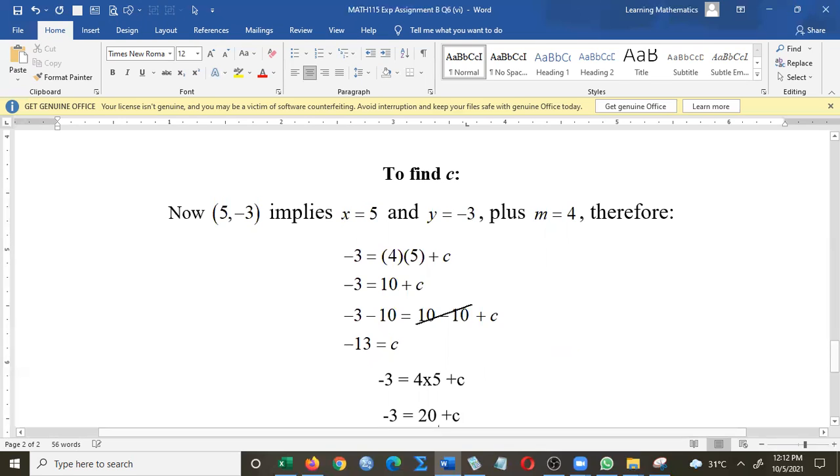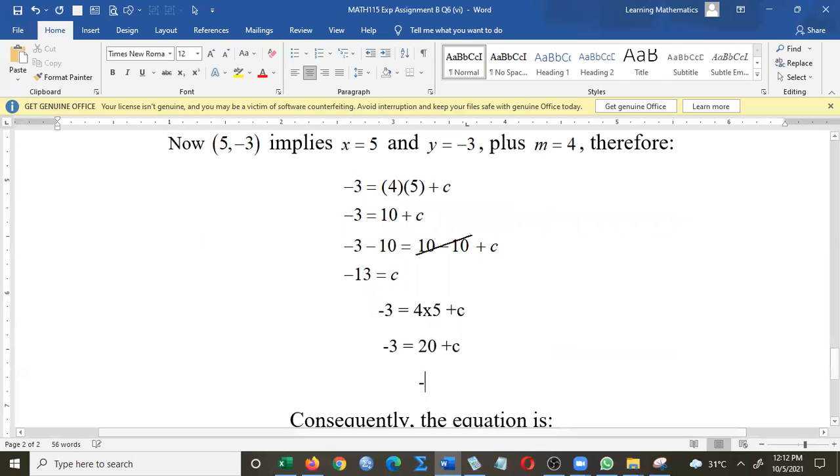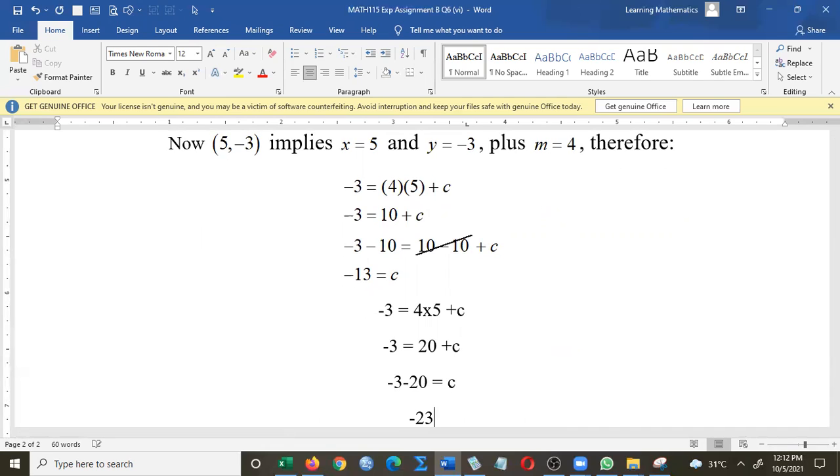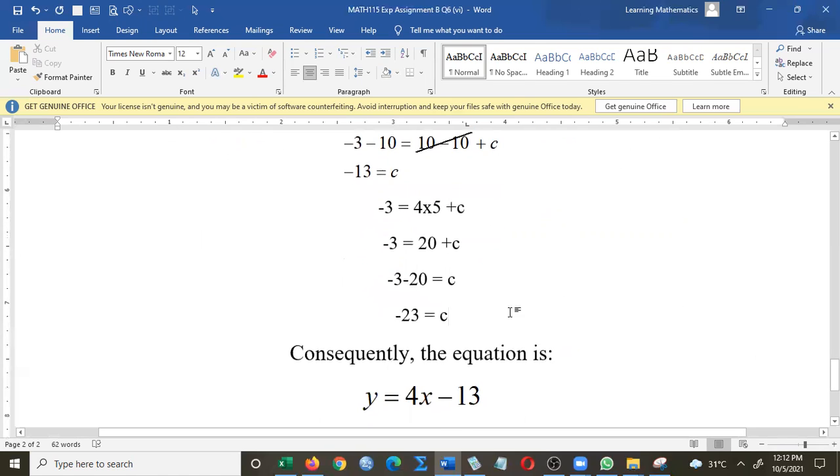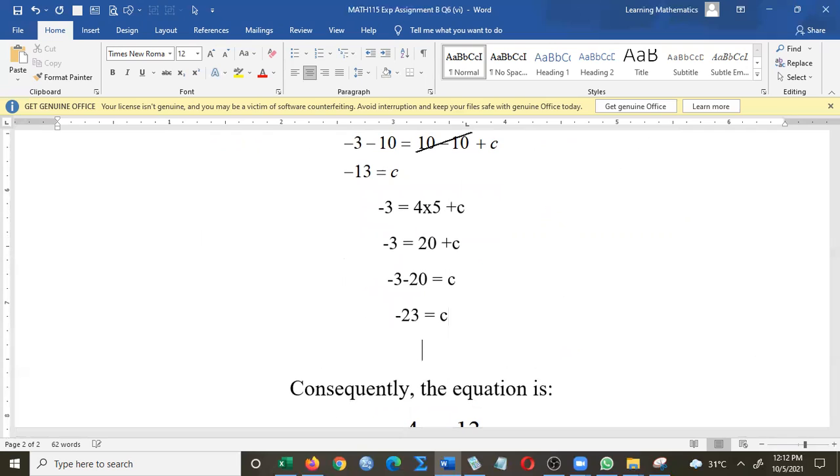And then we subtract 20 on both sides. Minus 3 minus 20 is equal to c. Minus 23 is equal to c. So therefore now we have m and we have c. So the equation now will be y is equal to m, which is 4x minus 23.